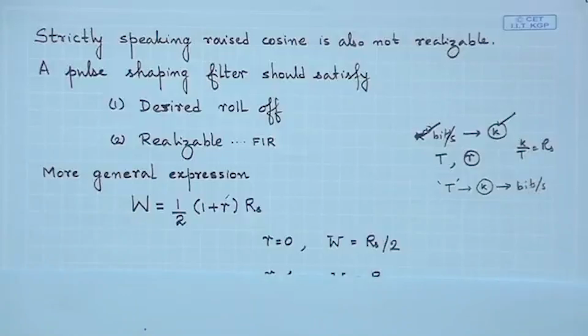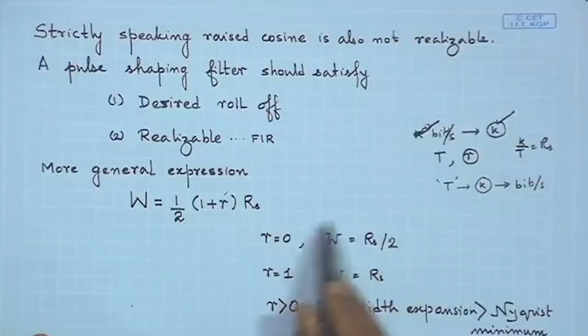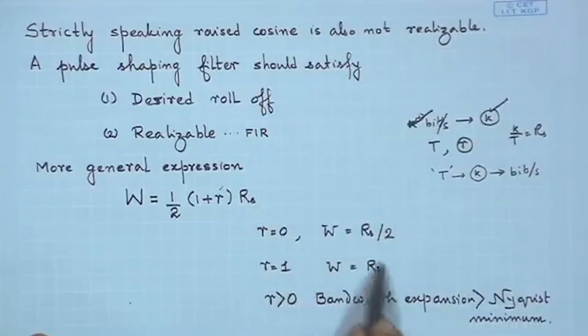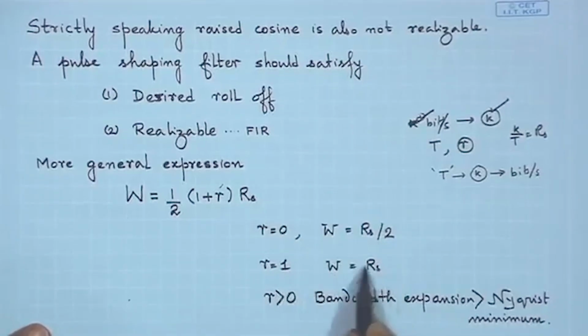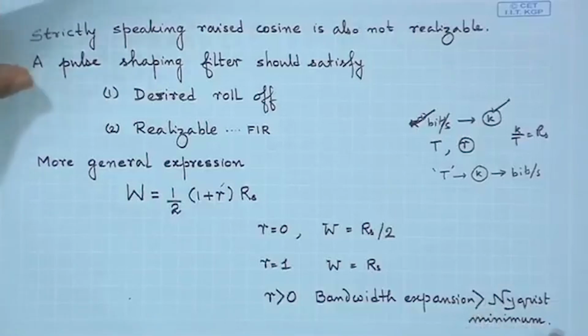If you are confined to a certain symbol rate, by increasing k, you can increase the bits per second. So, if R is equal to 0, we have the Nyquist situation. If R is equal to 1, you have W equal to R s, and R greater than 0 is the bandwidth expansion factor which is beyond the Nyquist minimum.